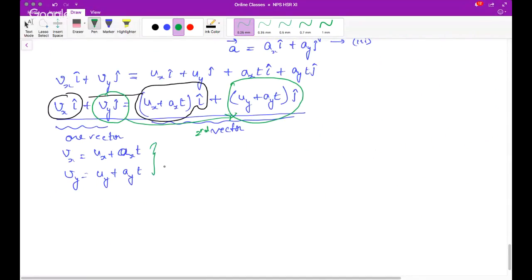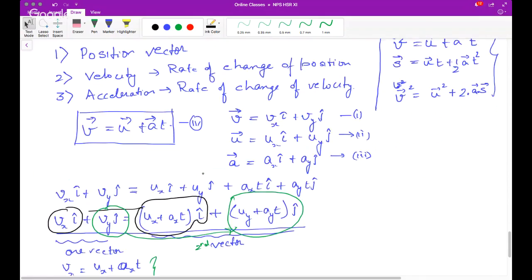Now your work just got doubled, in the sense that in 1D you had only one equation, v equals u plus at, and here for everything you have to deal with two such equations. So the other equations will also get resolved like that.